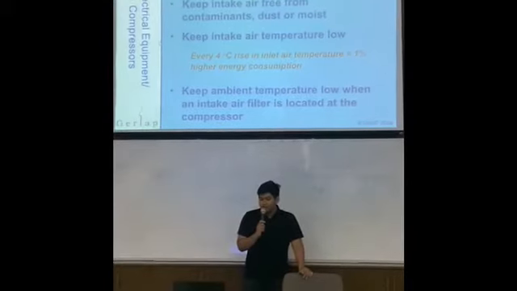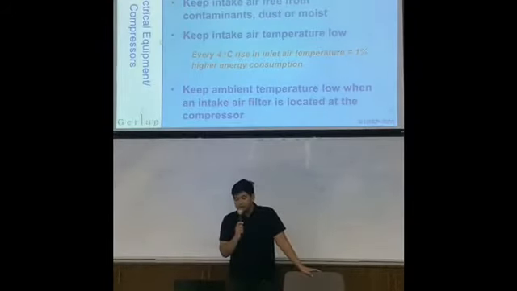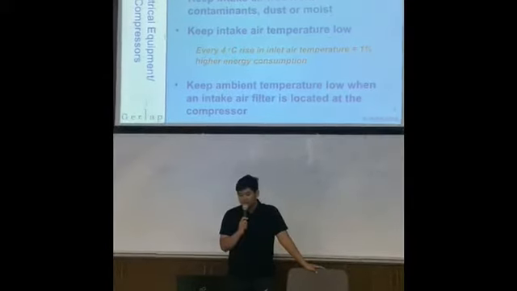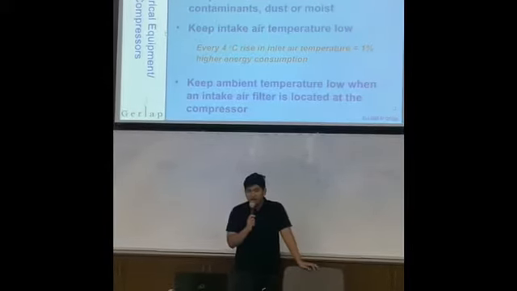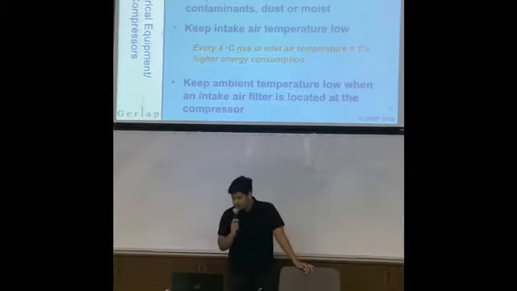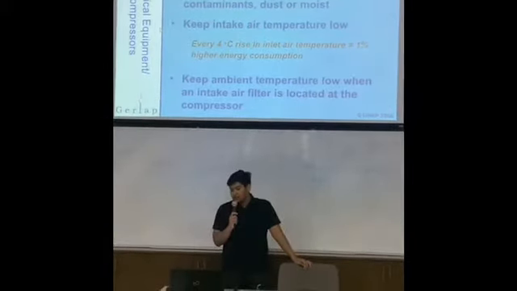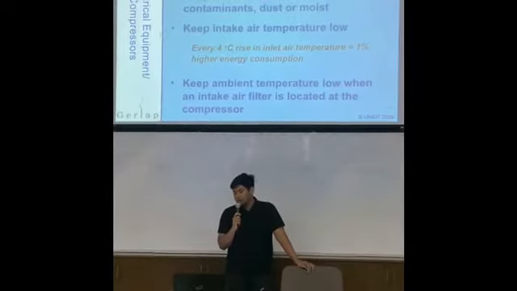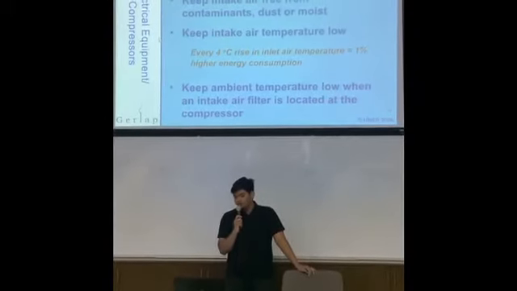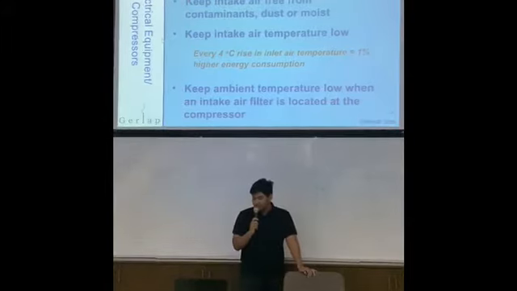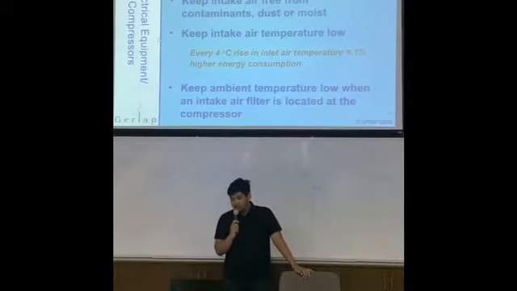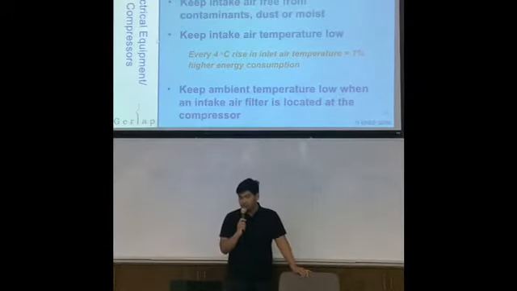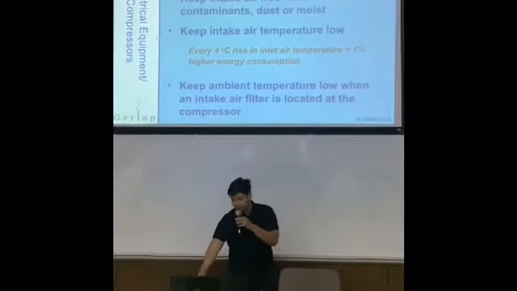Keep intake air free from contaminants, dust or moisture. Secondly, keep intake air temperature low. Every 4 degrees Celsius rise in inlet air temperature will result in 1% higher energy consumption. Thirdly, keep ambient temperature low where the intake air filter is located at the compressor.